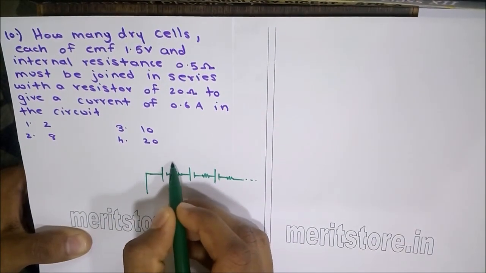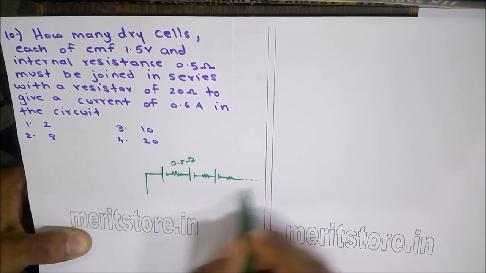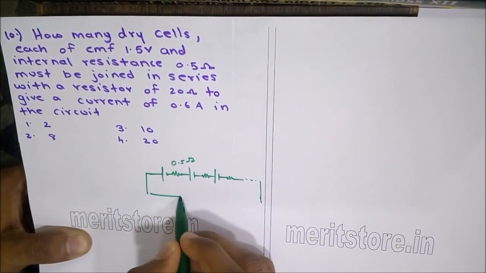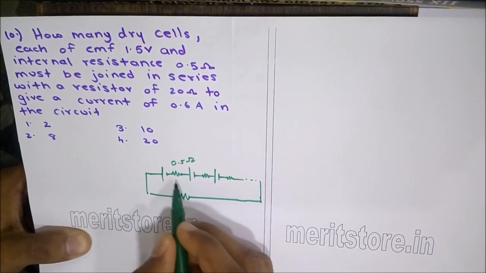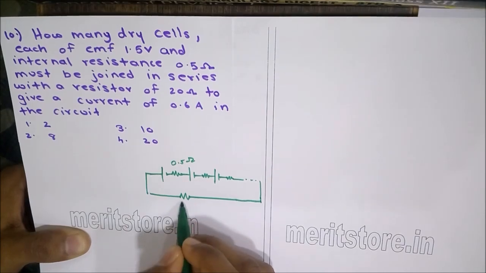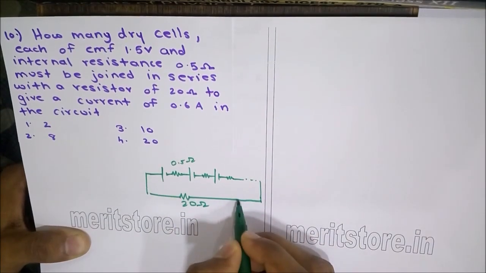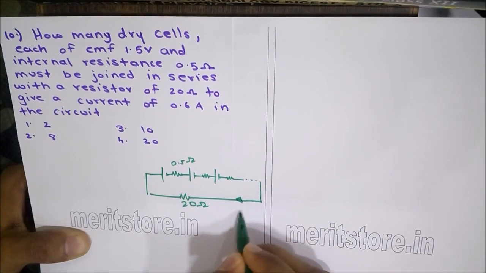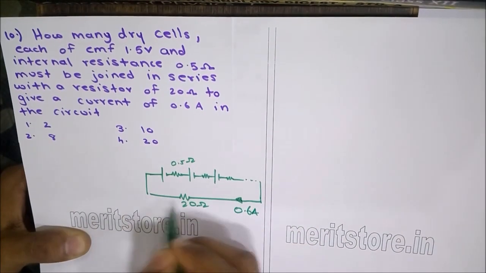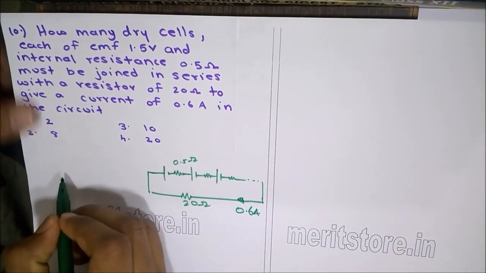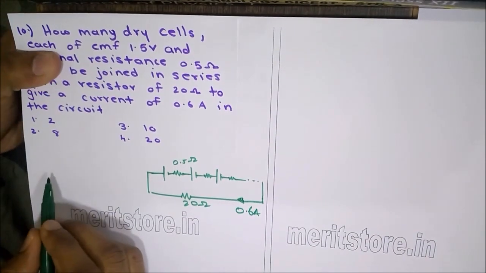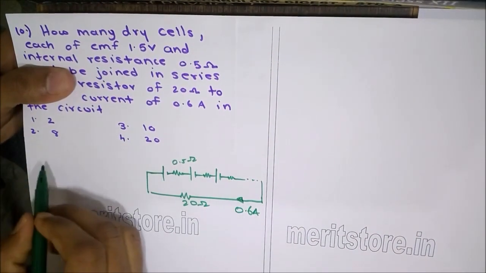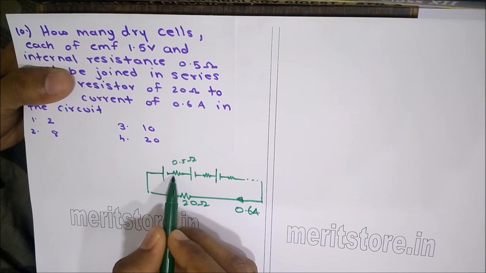with each of internal resistance of 0.5 ohms, and this circuit is connected to an external resistance of 20 ohms. The current which is flowing through the circuit is 0.6 amperes. So when the EMFs are connected in series, they add up.